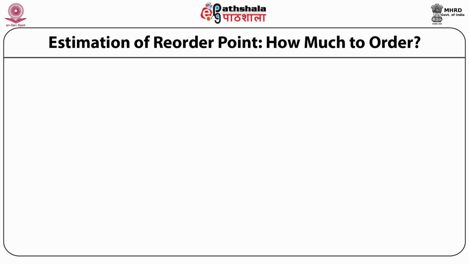The above cases clearly show that in the P system, estimation of the reorder point is dependent on variation in demand both before and during lead time. Resolution of this uncertainty requires understanding the concept of service level. Estimation of reorder point, how much to order.